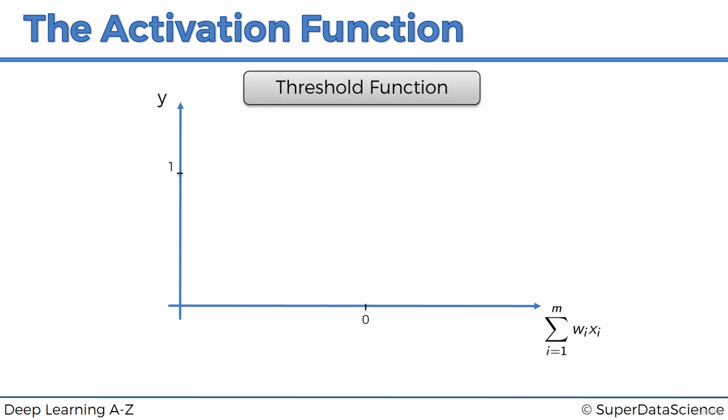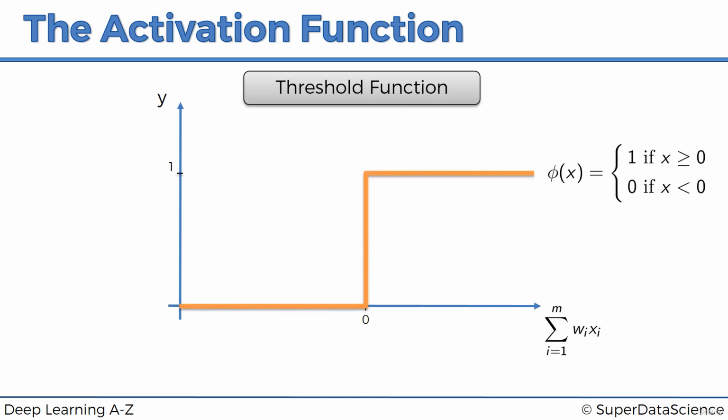So here is the threshold function. This is what it looks like. On the x-axis, you have the weighted sum of inputs. On the y-axis, you have just the values from 0 to 1. Basically, the threshold function is a very simple type of function where if the value is less than 0, then the threshold function passes on 0.